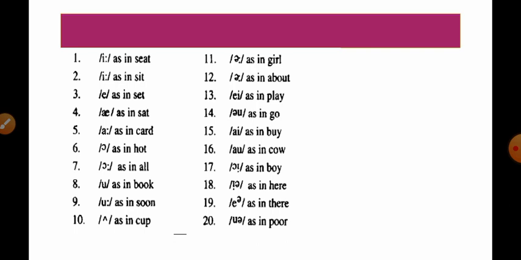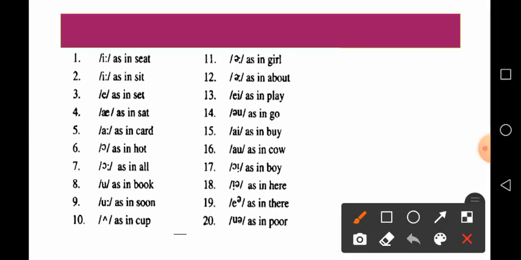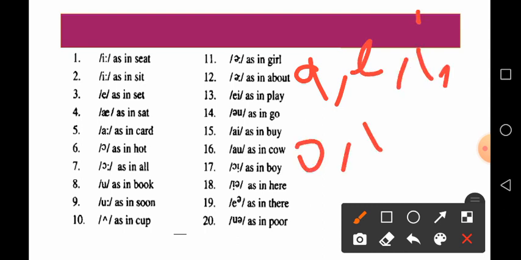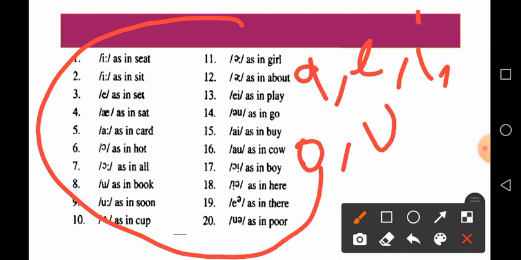But friends, these 5, A, E, I, O and U, are alphabets. But these 5 vowel alphabets make different sounds, and they are totally 20 in number.